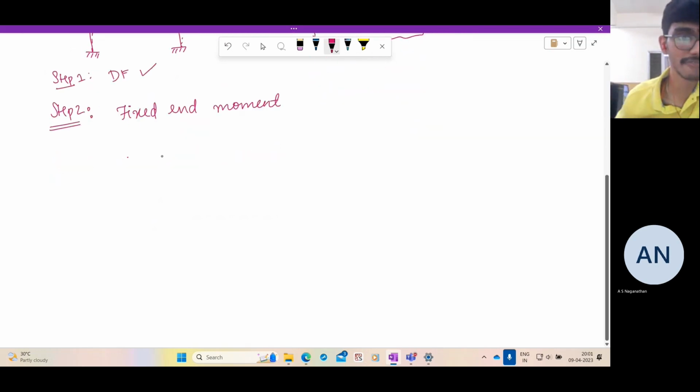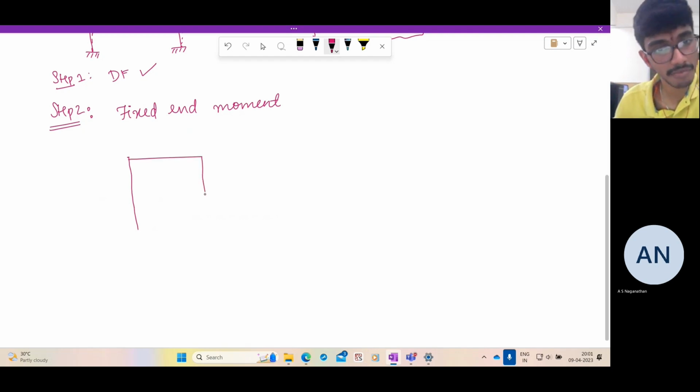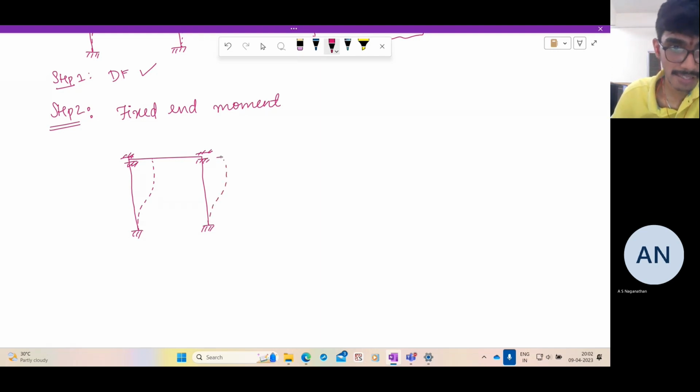But when you want to determine the fixed end moments, the deformed shape that you take is something like this. You're not allowing these joints to rotate. And this delta cap is nothing but 5000 by EI.